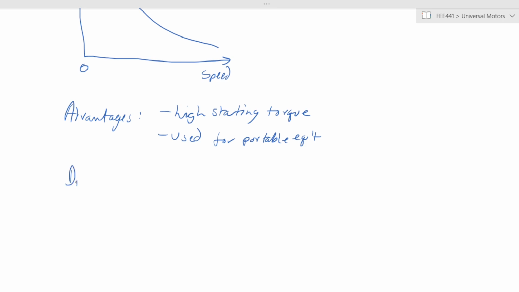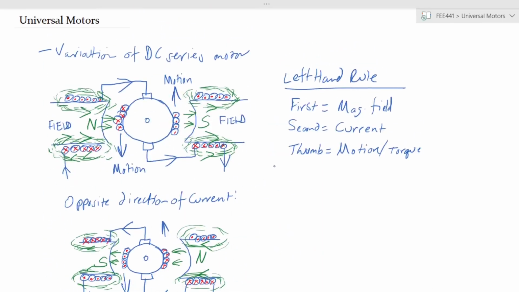So what are the disadvantages of the universal motor? The main one is due to wear and tear. Now, in the case of induction motors, there is no physical connection between the field and the armature, or the stator and the rotor, the fixed part and the moving part. The only moving part is the rotor itself, which is mounted on bearings.